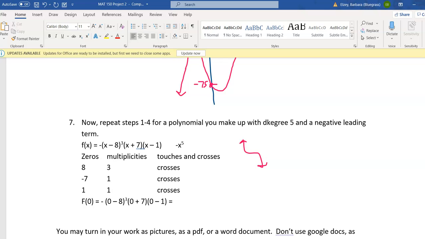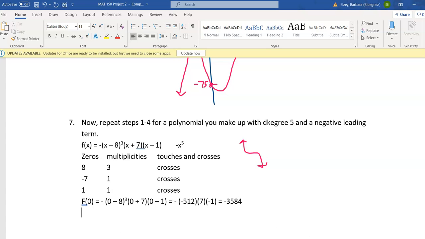Let's not forget that negative that's in front. If I multiply negative 8 to the third, I get negative 512. And then I have 7 in the second set of parentheses and negative 1 in the last set. And I'll put that into my calculator. That's negative 3584. Huge negative. All right.